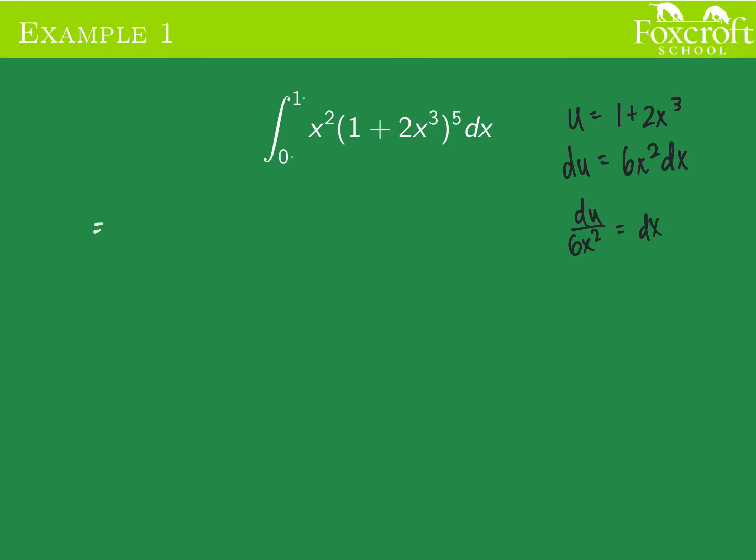So now my problem is going to become x squared, that becomes u, and then dx becomes du over 6x squared. And again, these x squareds are going to cancel, so that's a good sign.